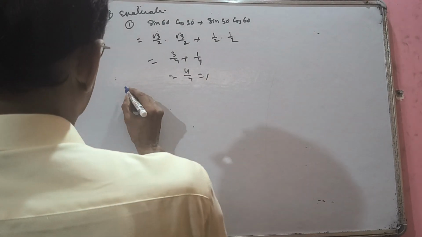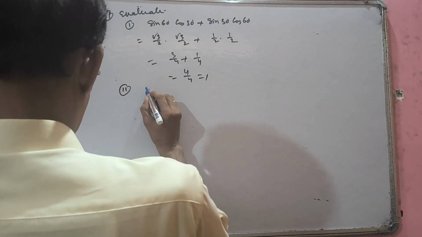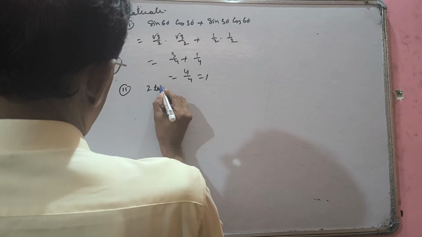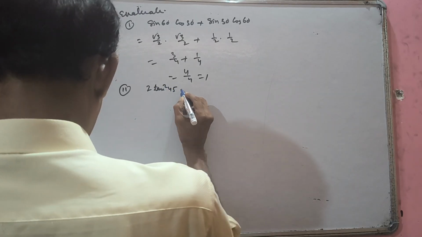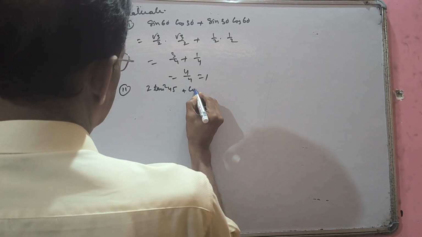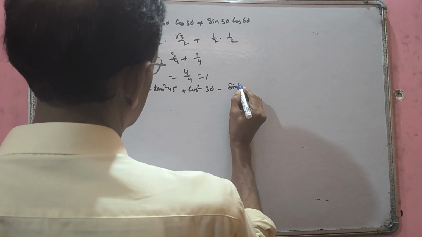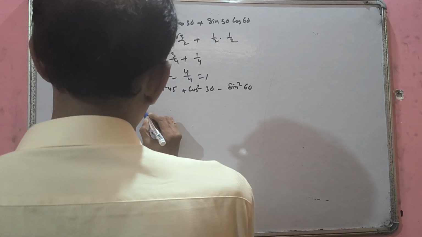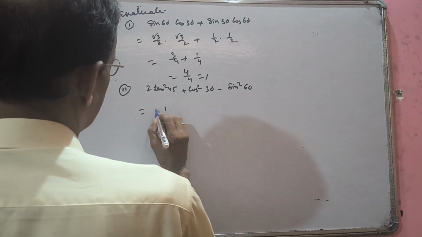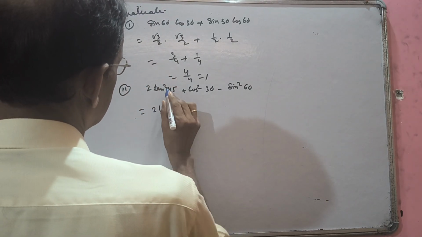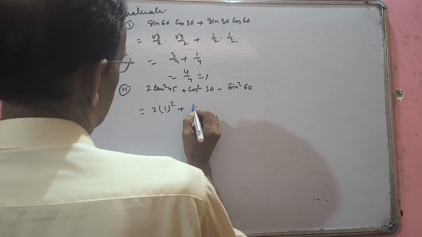Now number 2. 2 tan square 45 degree plus cos square 30 degree minus sin square 60 degree. Put the value, tan 45 degree is 1, 2 into 1 square.